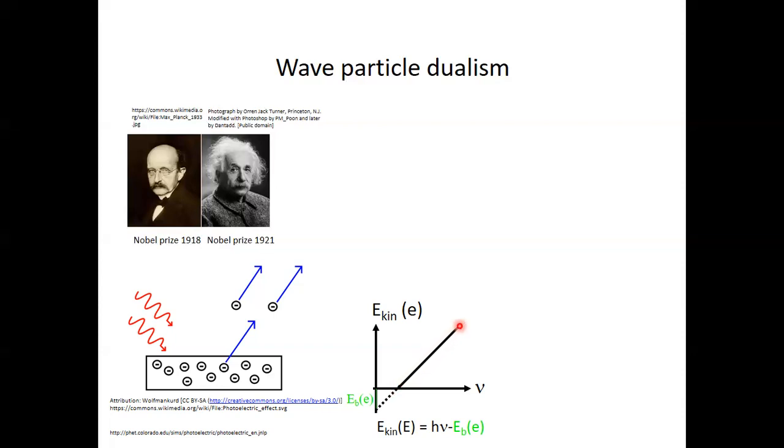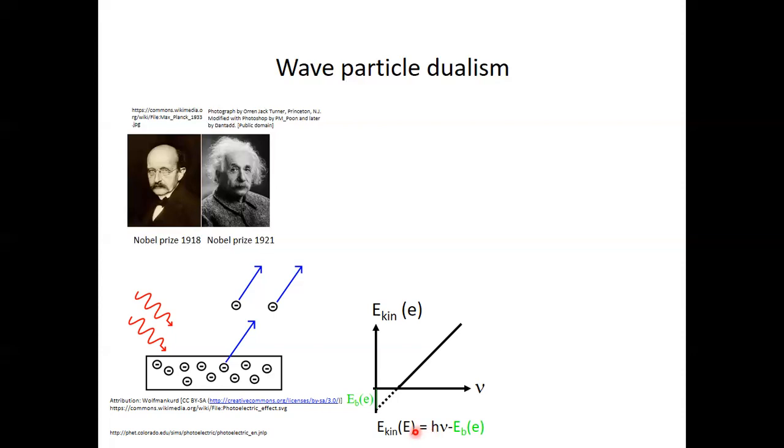Then he analyzed the slope of this line and found that it is identical to the Planck constant, which Planck previously introduced when he assumed that energy was being quantized.